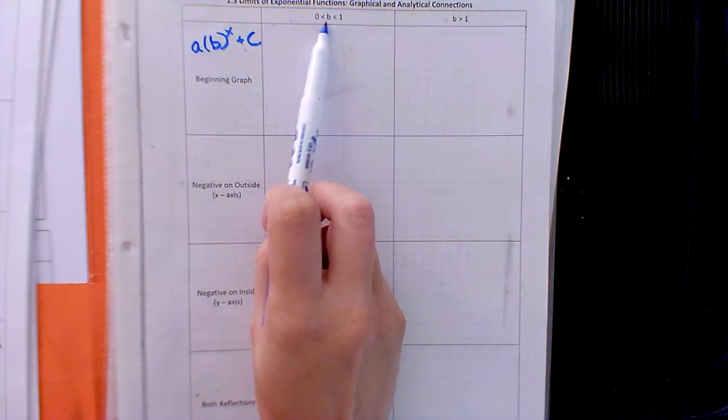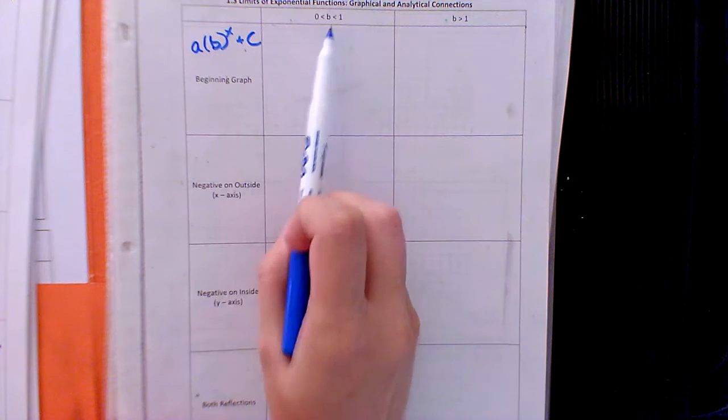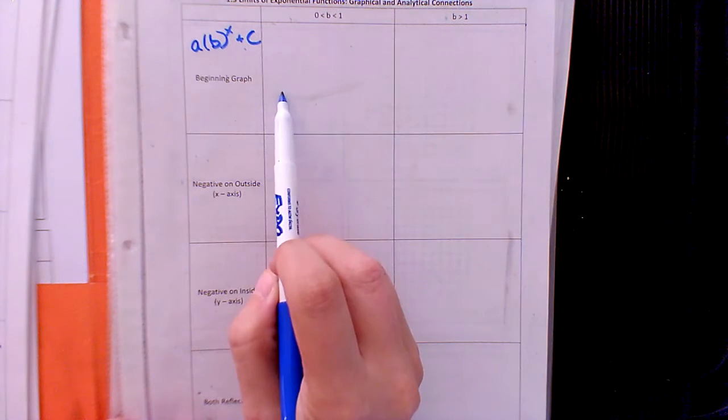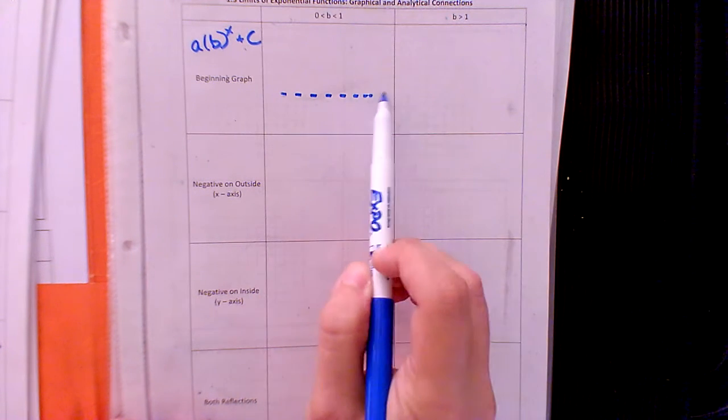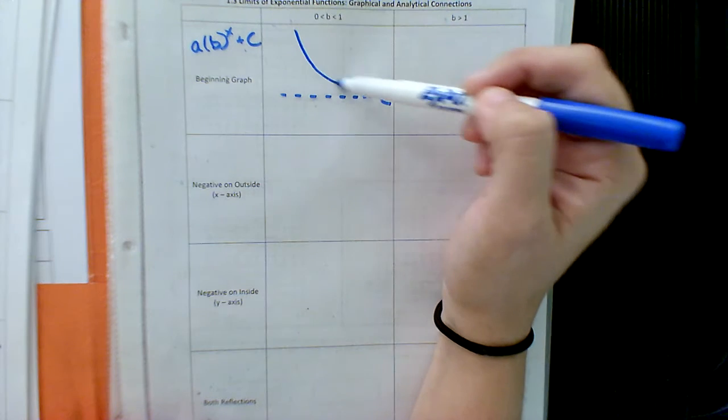Okay. So if our b value, notice b stands for base, if the base is in between 0 and 1, and this letter c is the asymptote, how would we classify or draw an exponential graph? Decay. Goes towards the asymptote.